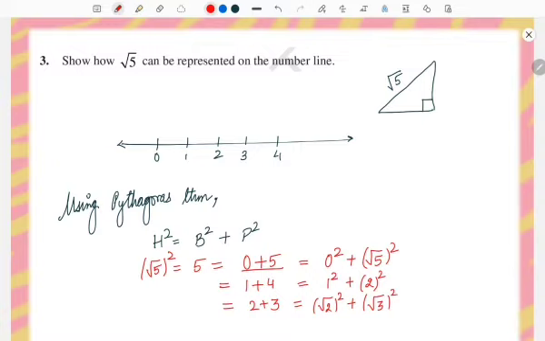I need a possible combination such that I can take one of the units as base and the other as perpendicular.